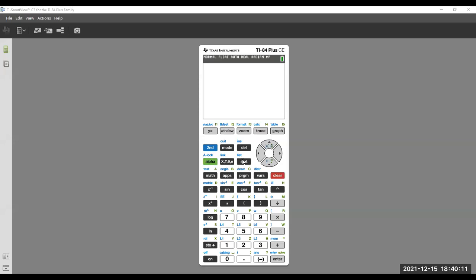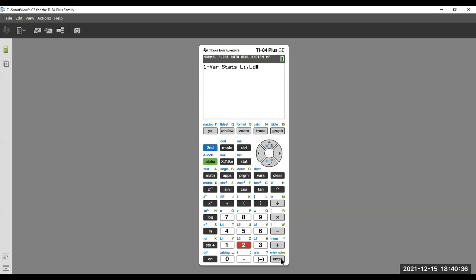And I believe I have that data entered in list 1 and list 2 on my calculator. So stat to calculate, and depending on how your calculator is set up, second list 1, comma, second list 2.